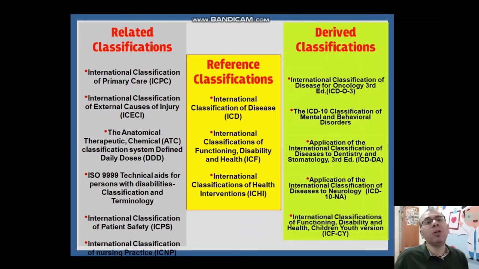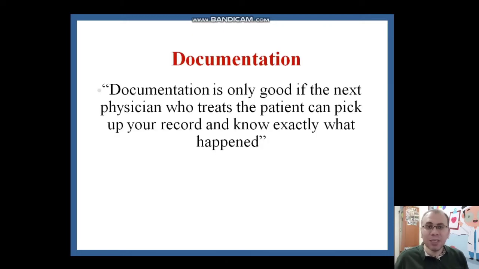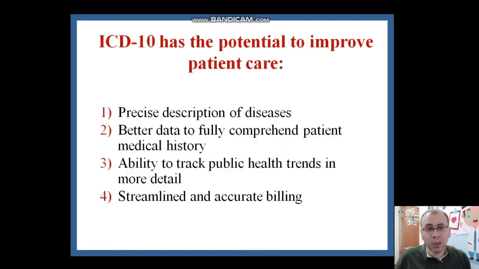Our main item today is ICD-10, which is considered the most important one of the reference classifications. We will discuss also why these classifications are essential in healthcare, what the benefits of using the ICD-10 in documentation are, and how to improve healthcare with the use of ICD-10.